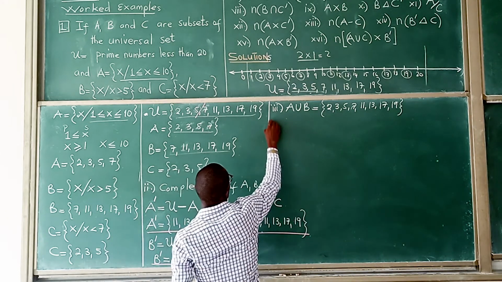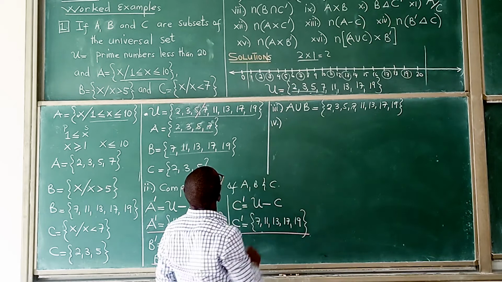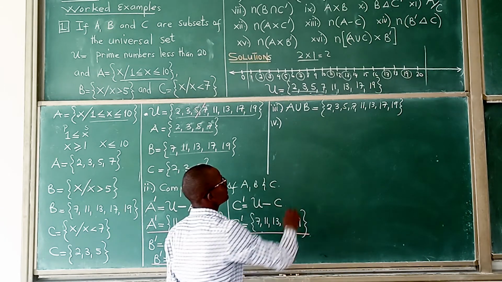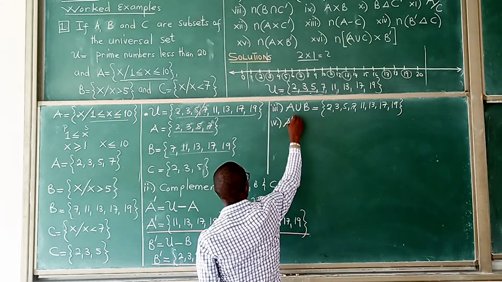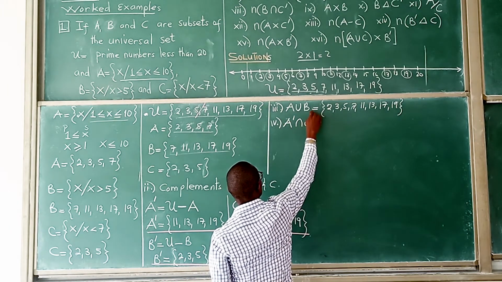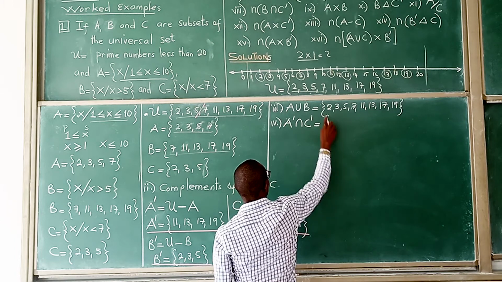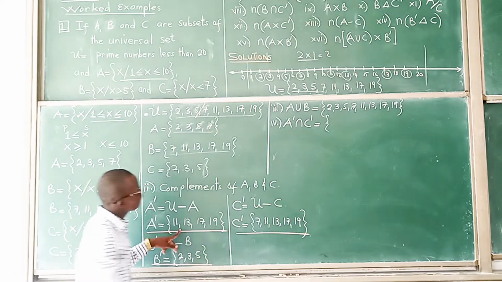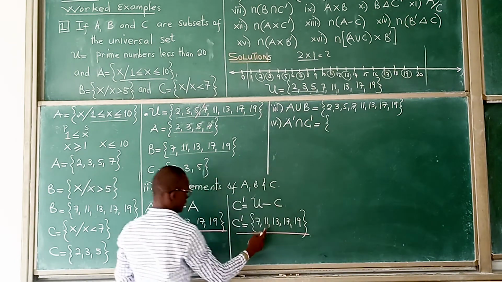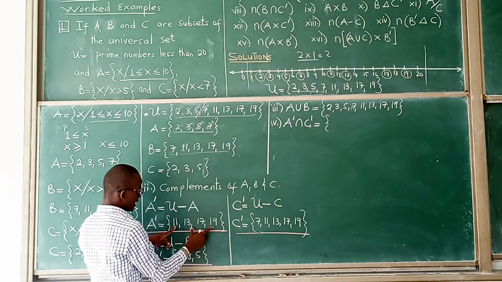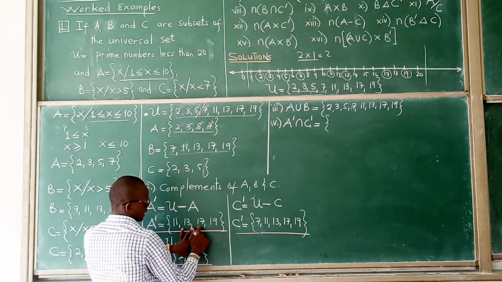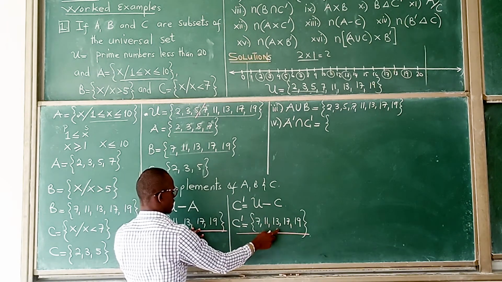So the next one, question 4, we have A prime intersect C prime. Now we've already found our A prime to be this, and we found our C prime to be this. So between A prime and C prime, what are those elements that are within A prime that are also within C prime?